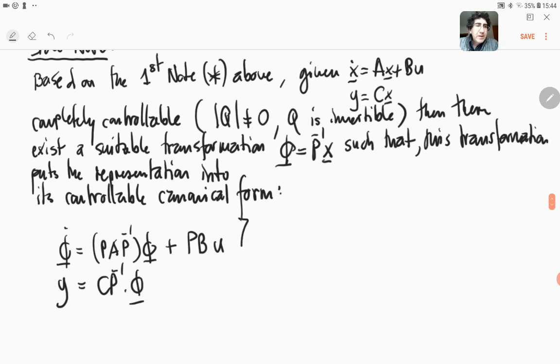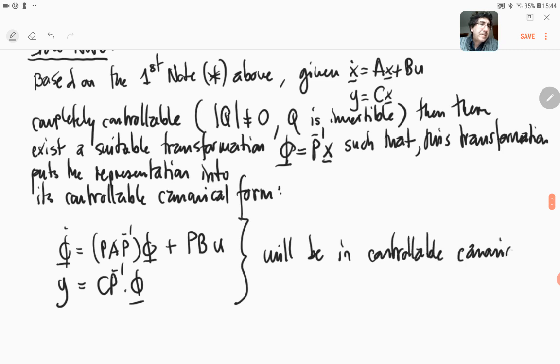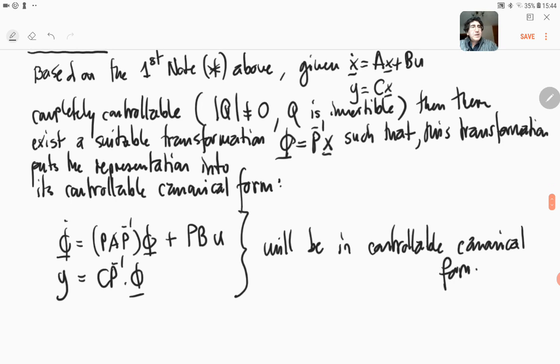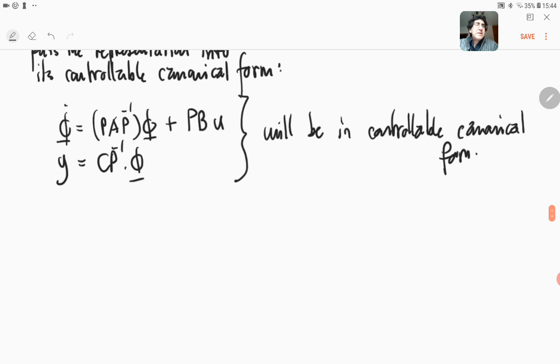Okay, and this will be in controllable canonical form. Now in fact this can be proven by finding the new controllability matrix.